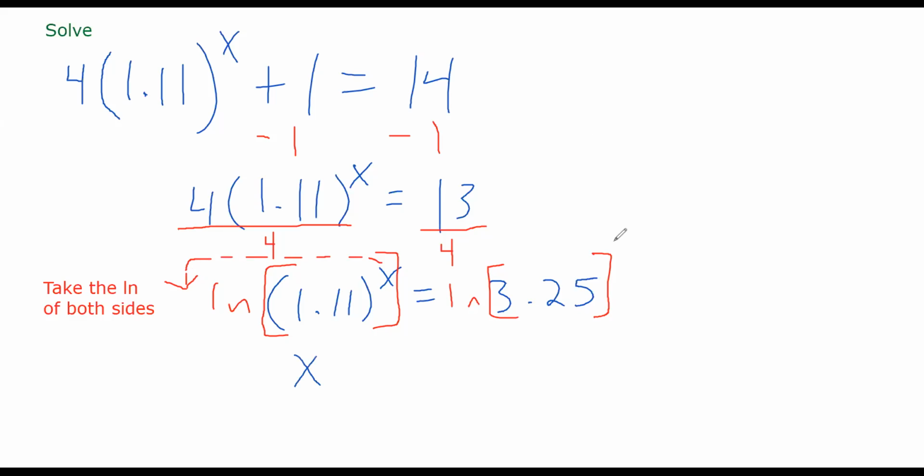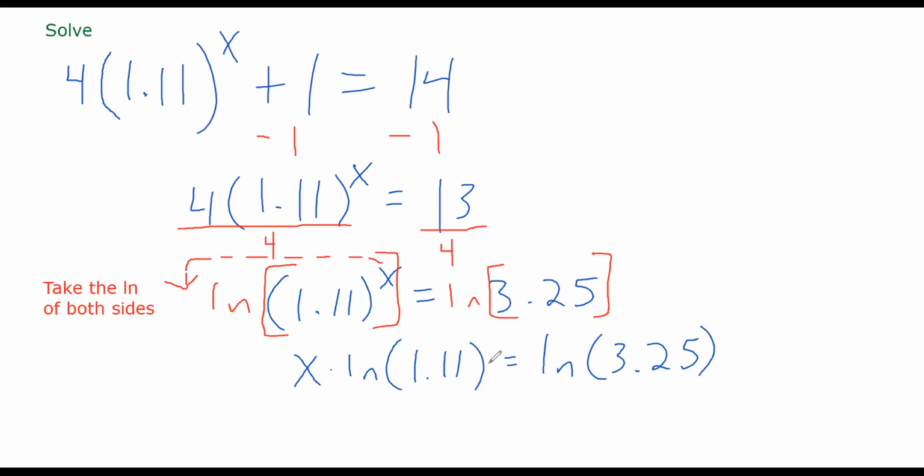So I'm going to end up with x times the natural log of 1.11 equals the natural log of 3.25. And now the natural log of 1.11 is just some number. The natural log of 3.25 is just some number.